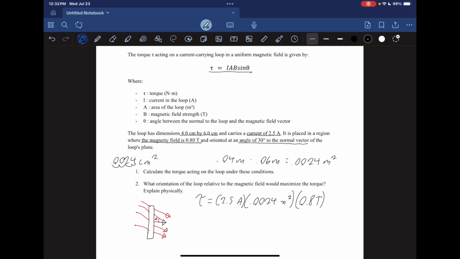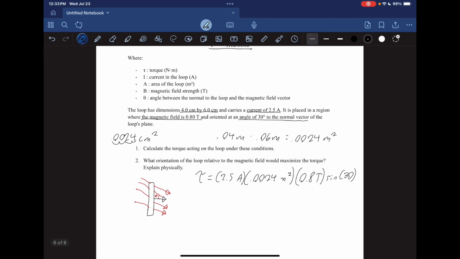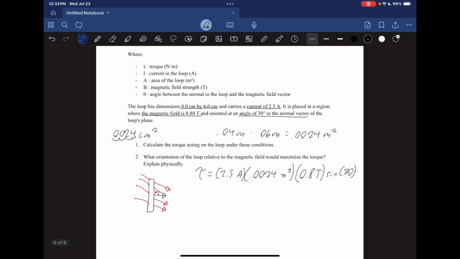And then finally times sine of 30, because that is our theta. So if you calculate this out with the calculator, you find that we end up with 0.0024 Newton meters as the answer.